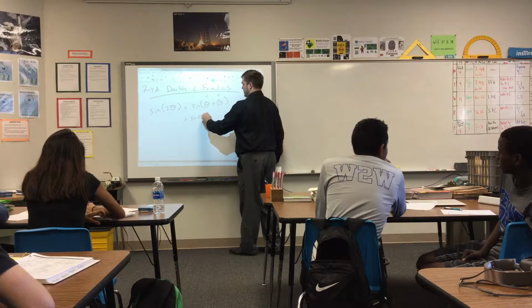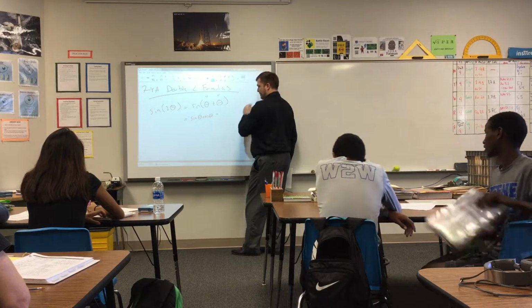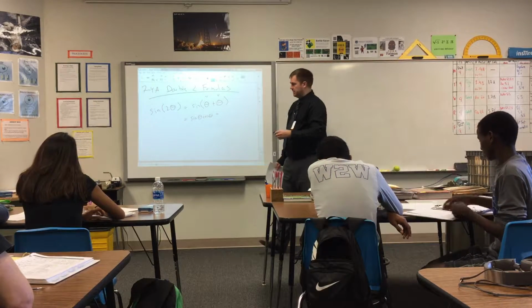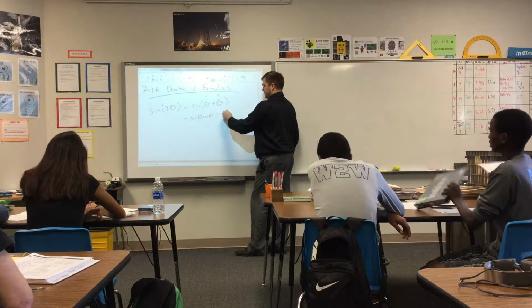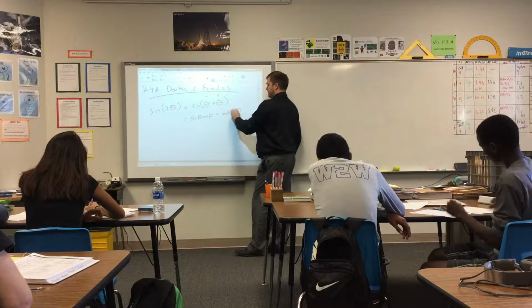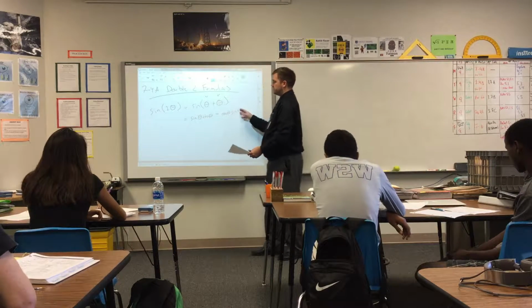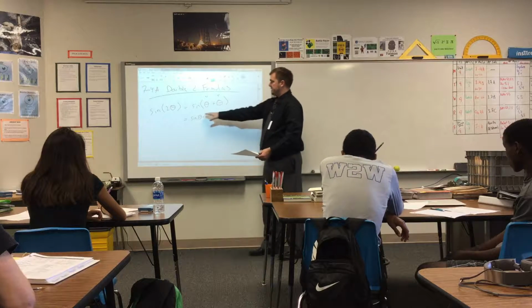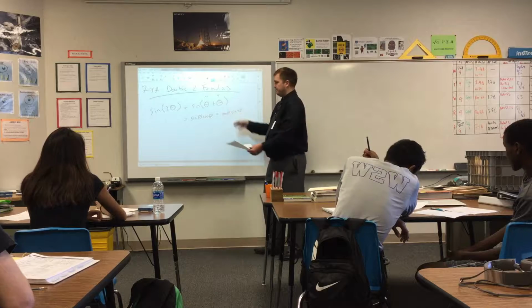Sine theta, cosine theta, plus or minus? Plus. I need to verify. It is a plus. And then cosine theta, sine theta. Yeah, the sine is the one that alters. Okay, so sine theta cosine theta plus cosine theta sine theta. Well, it's the same thing, correct?